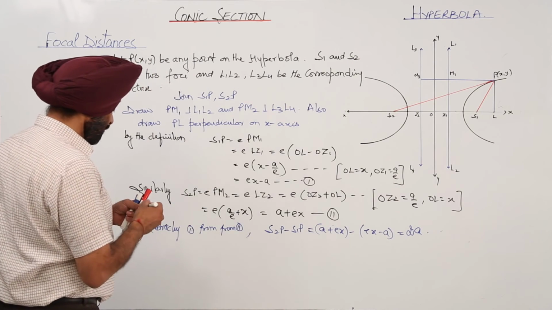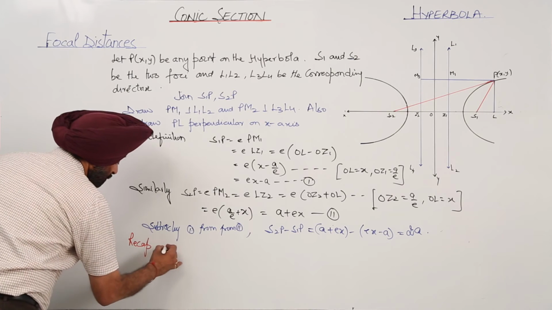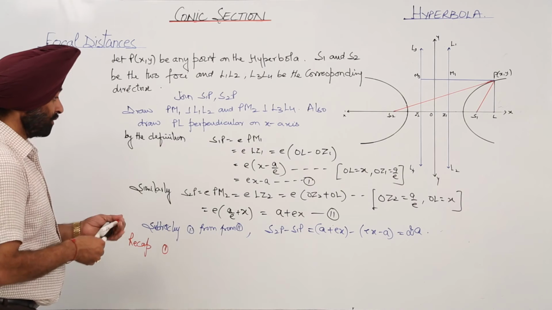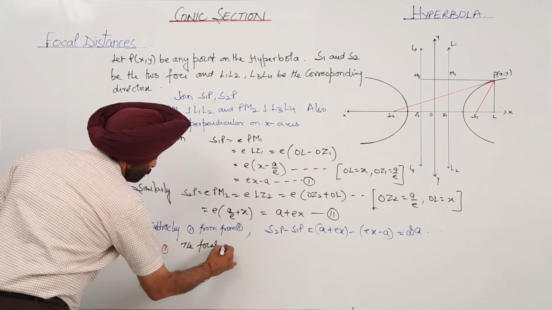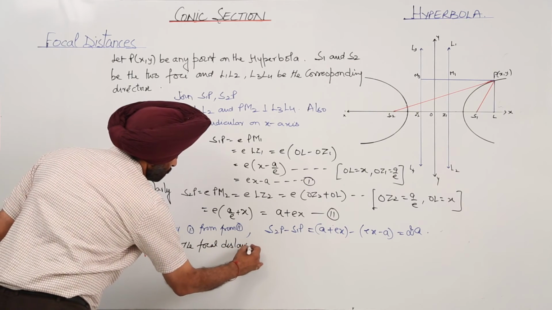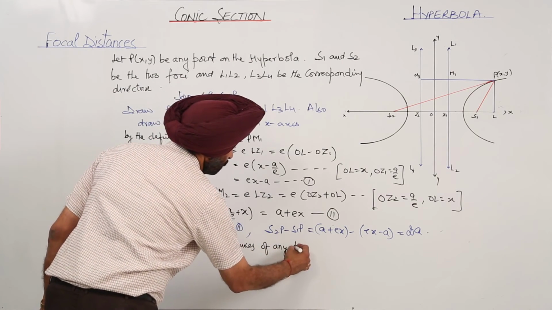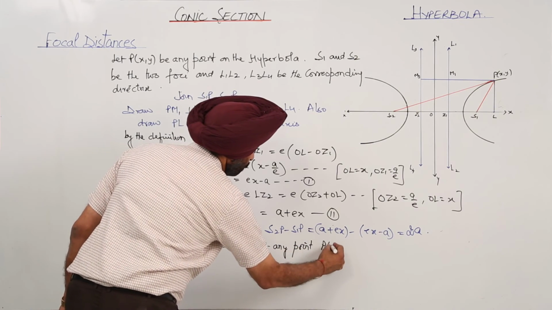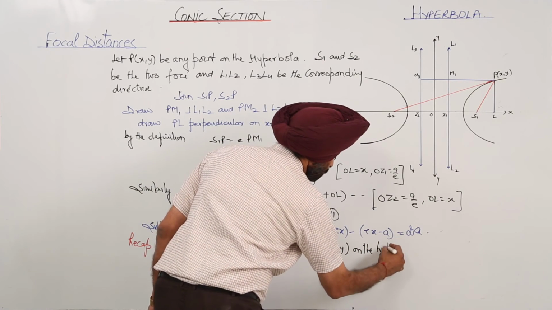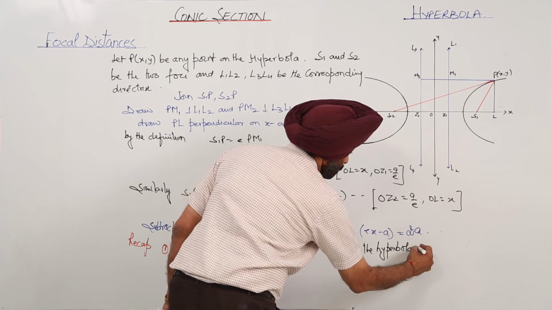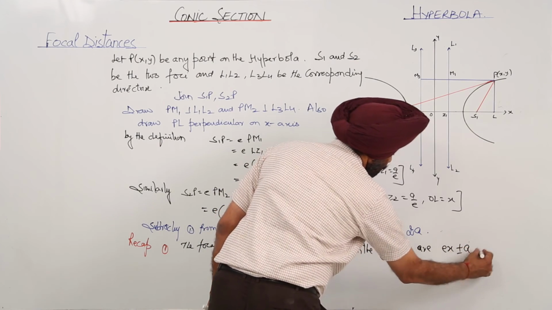So a small recap of what we have done now. Number 1, the focal distances of any point P(x, y) on the hyperbola are ex plus minus a, writing together.